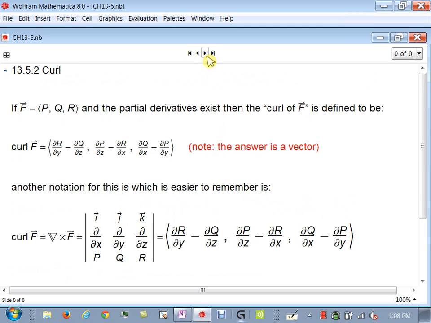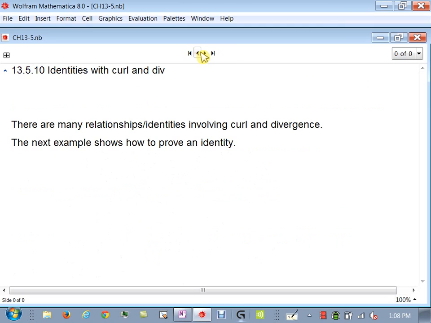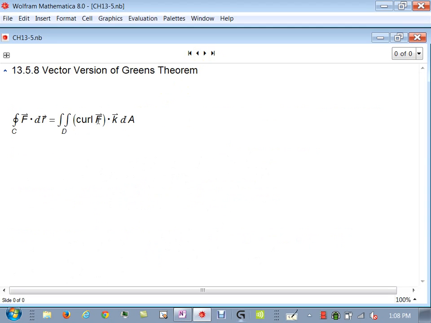So if I dot that with k, now remember dot product means each component multiplies, then k is the vector 0, 0, 1, so it kills off the first two parts of the curl and just leaves you with that third component of the curl. The third component of the curl is this, right?